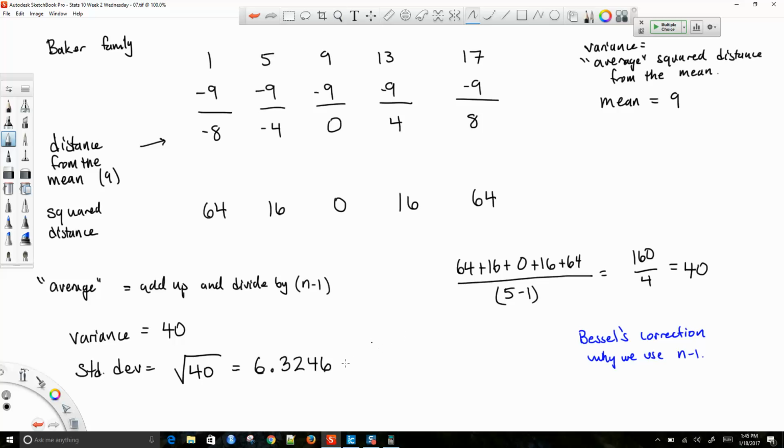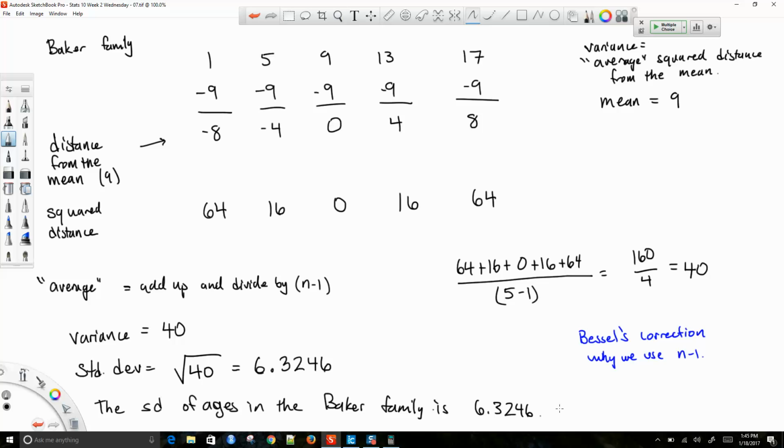And so we would say the standard deviation of ages in the Baker family is 6.3246. Okay, and there you have it.